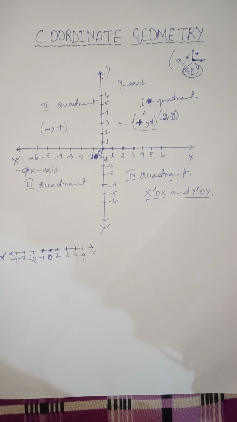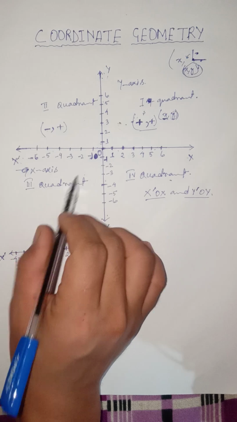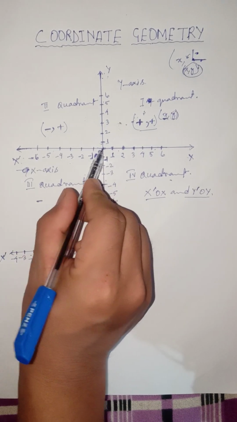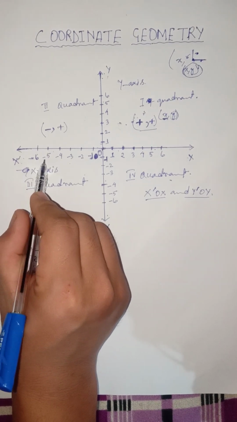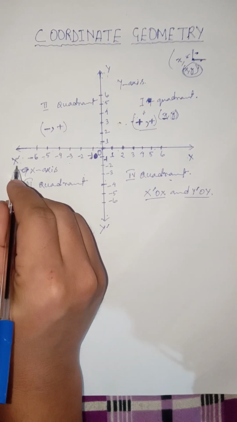Then let us move to the third quadrant. In the third quadrant, what do we have? Same as this, even here the sign of x should be negative, since all of these belong to the negative direction.